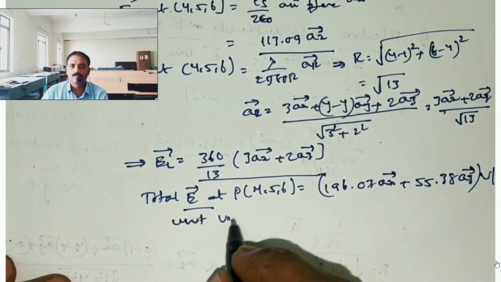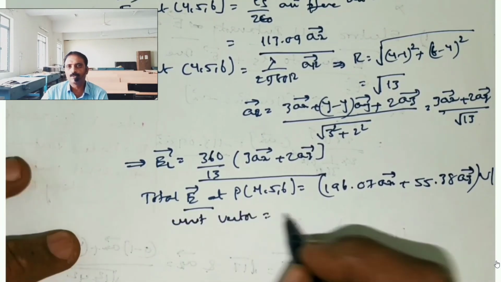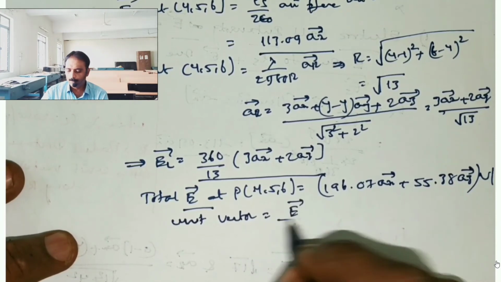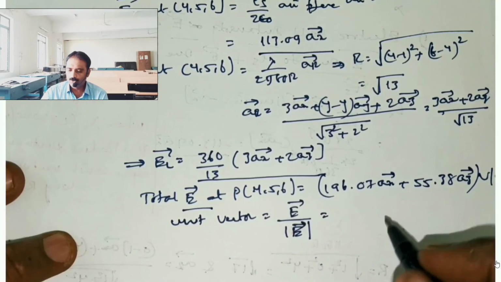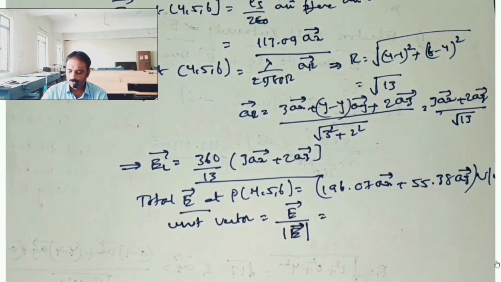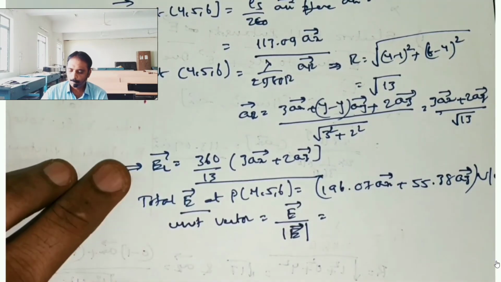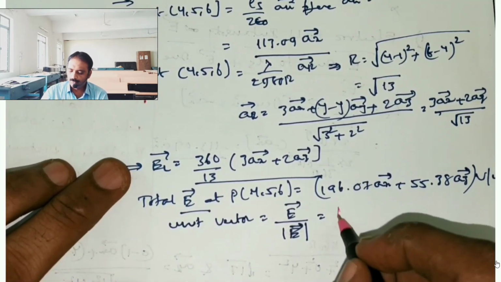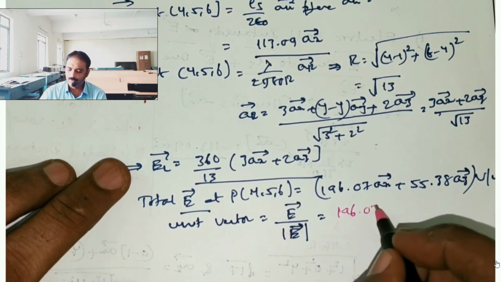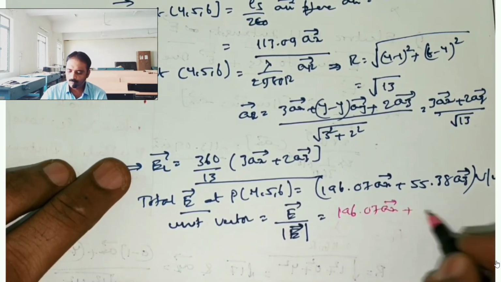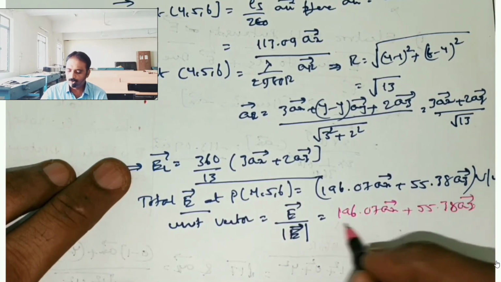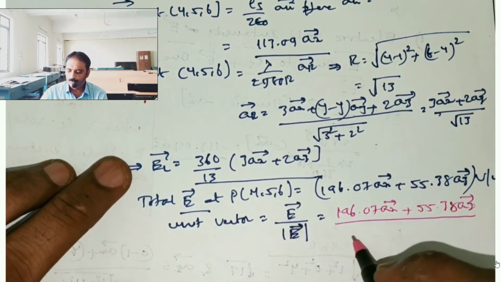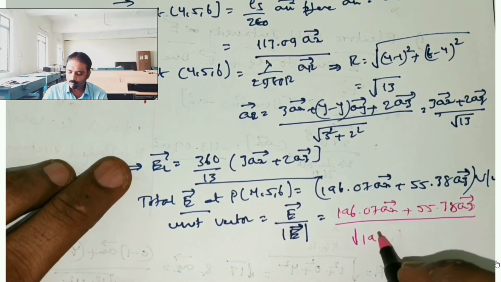Unit vector is given as E bar divided by modulus of E bar, which is going to be equal to 196.07 AX bar plus 55.38 AZ bar divided by square root of 196.07 square plus 55.38 square.